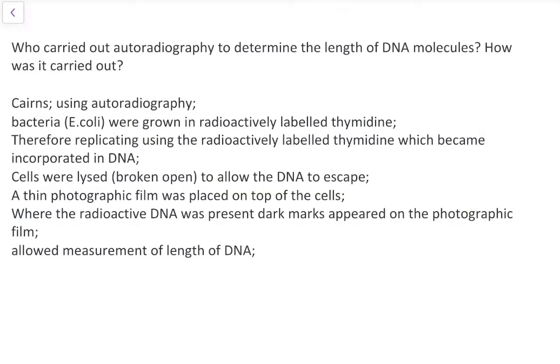So here's our summary. It was a person called Cairns. They used autoradiography. They grew bacteria, E. coli, with radioactively labelled thymidine. Therefore, when the DNA was being copied, replicated, it would have this incorporated in its DNA.